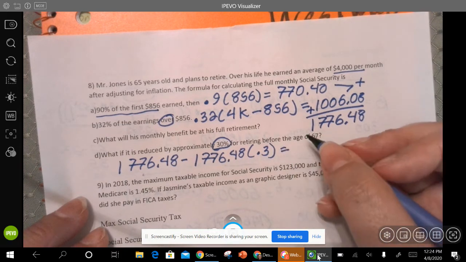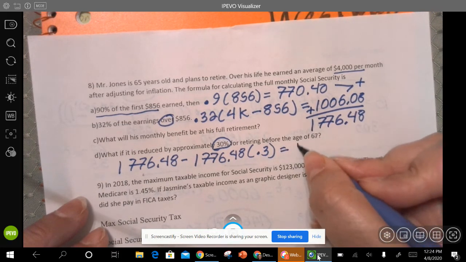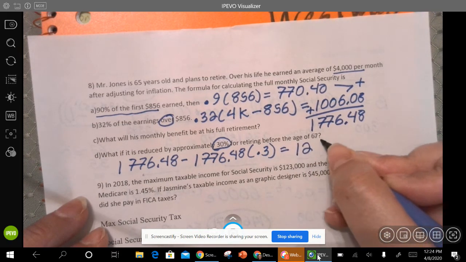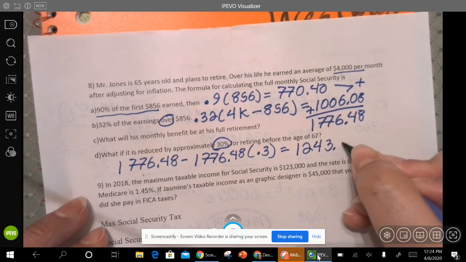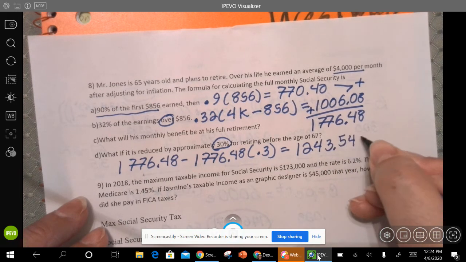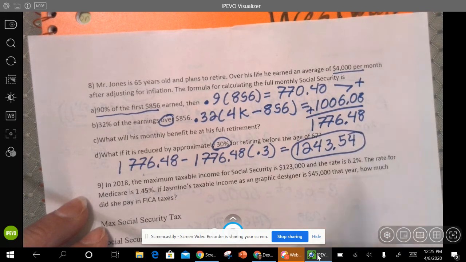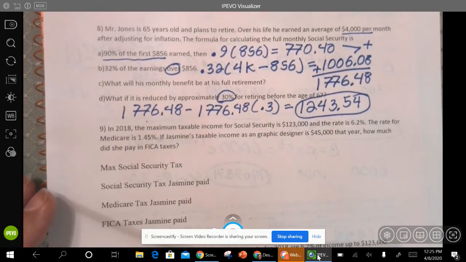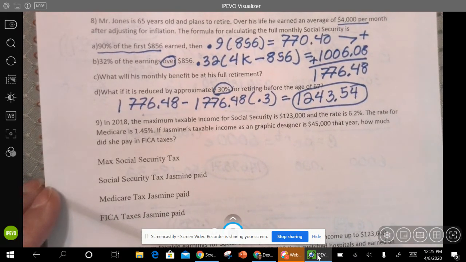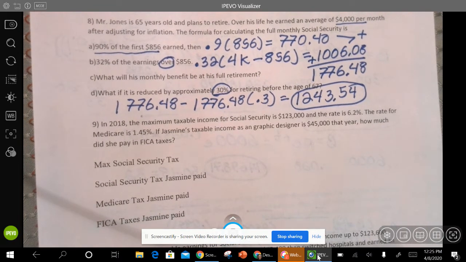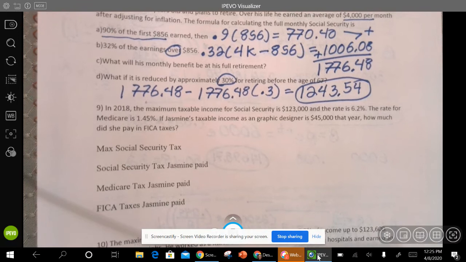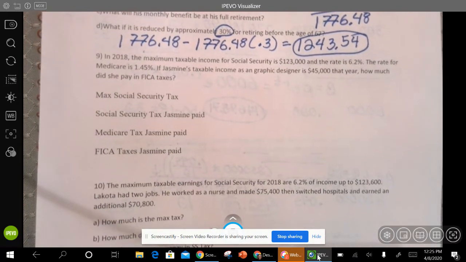Okay, so he's going to receive 70%. So he would receive $1,243.54. So that's something to think about as you're helping your family and they're thinking about retiring. Think about if they want to retire early and receive less money, or keep working.